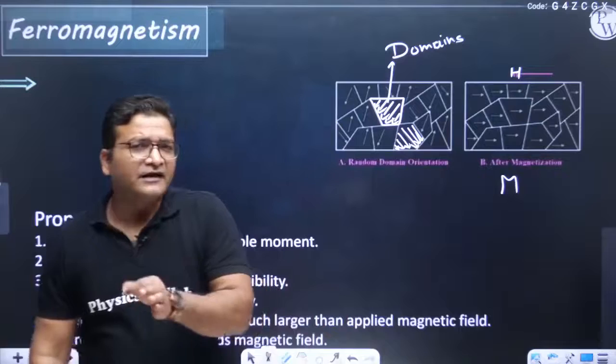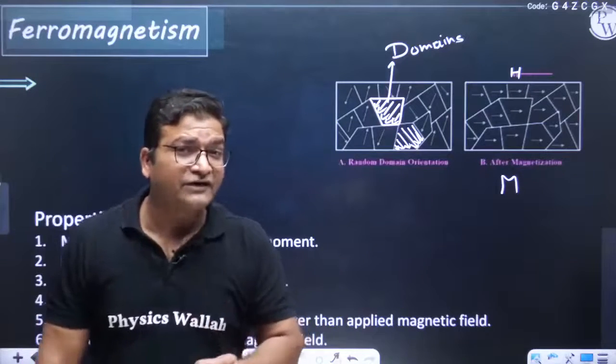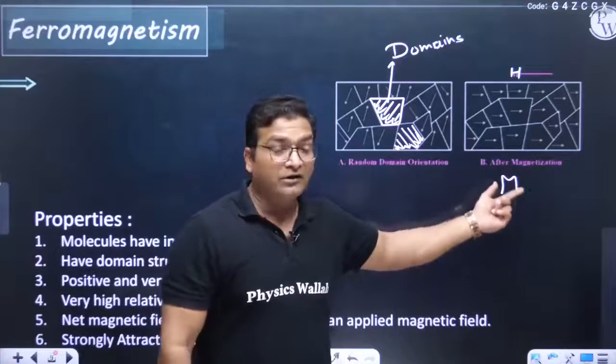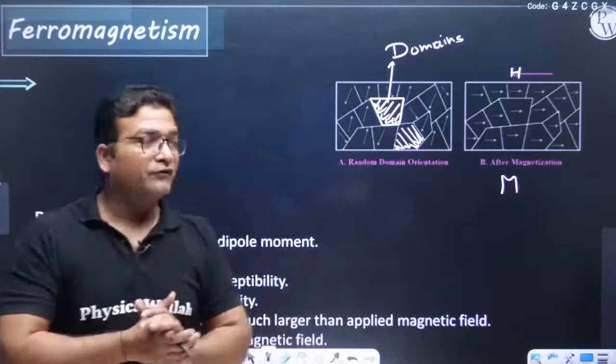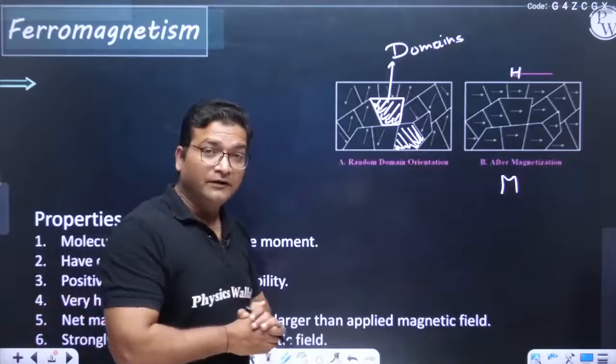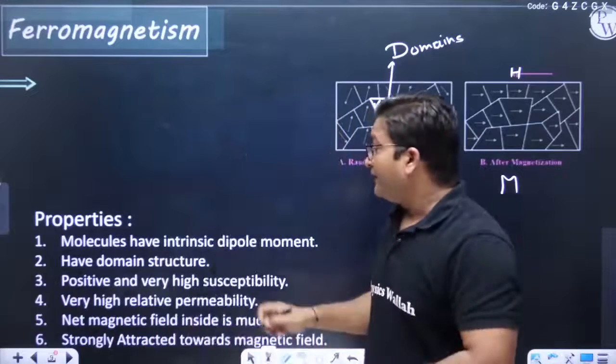The story is a little similar to paramagnetism, but this time the magnetization that occurs is much larger as compared to what we obtained in paramagnetism. So here we have domain structure.